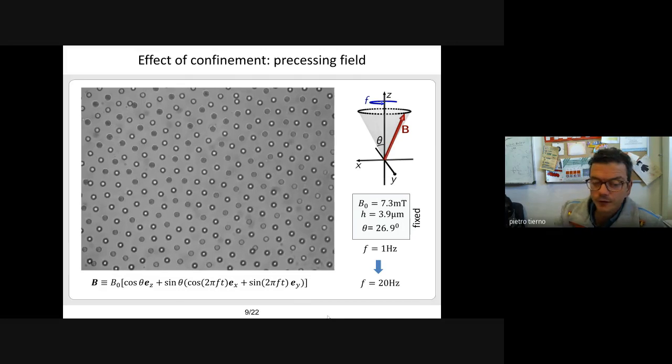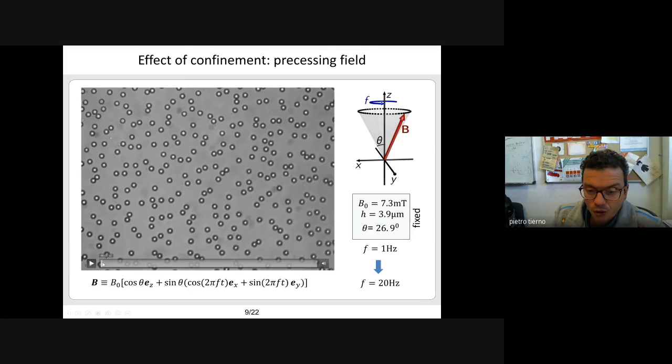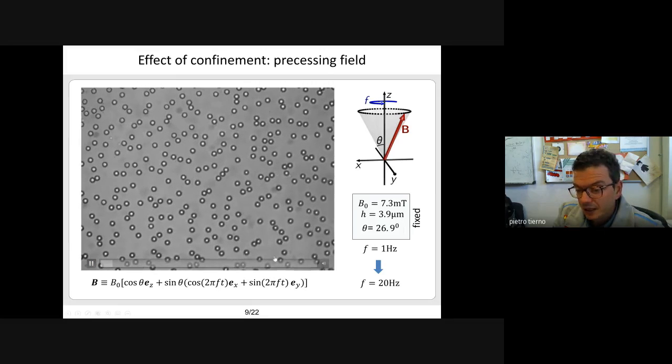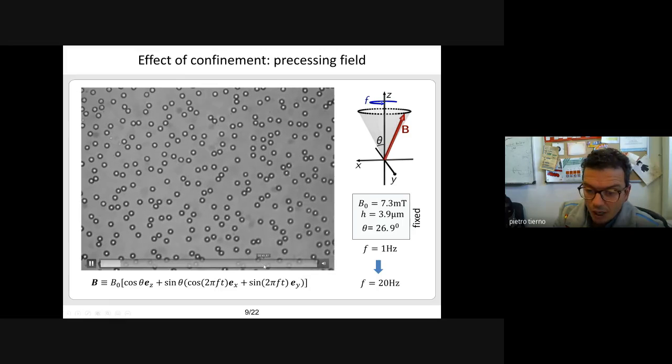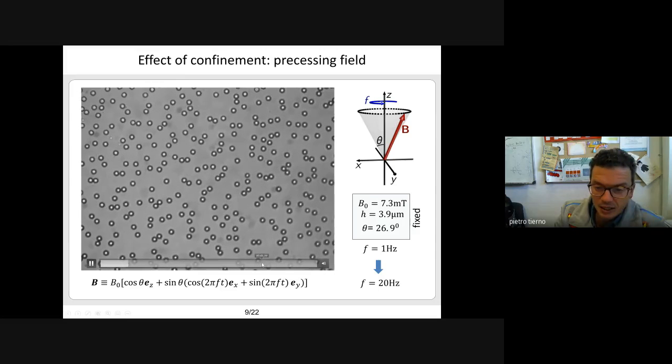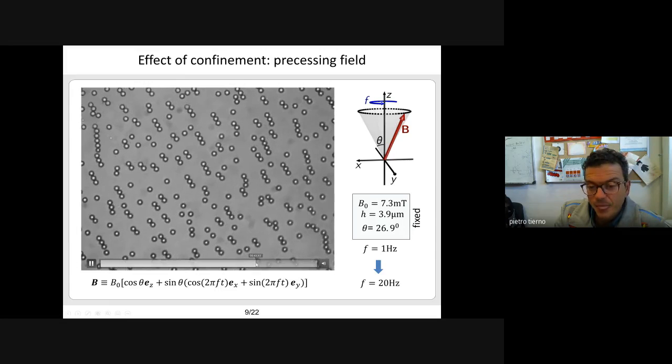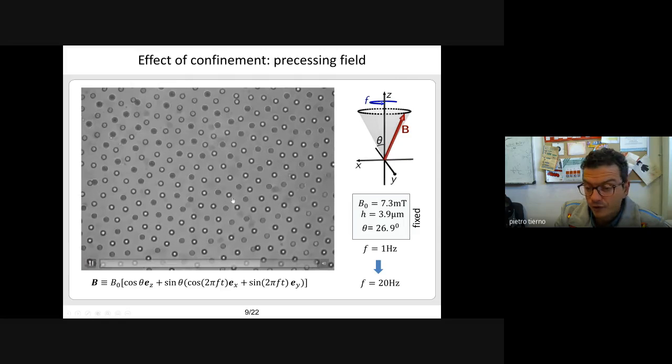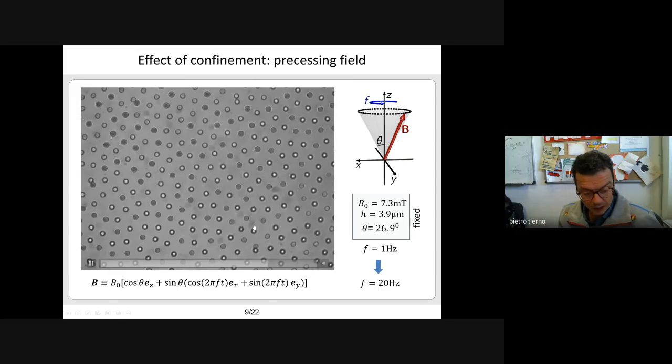Once we switch off the field, we come back exactly to the original situation where the colloids are gravitationally confined to the bottom surface and they just perform simple thermal diffusion, as you can see here. So this is a strategy to achieve this binary lattice, where you have these two populations of particles.